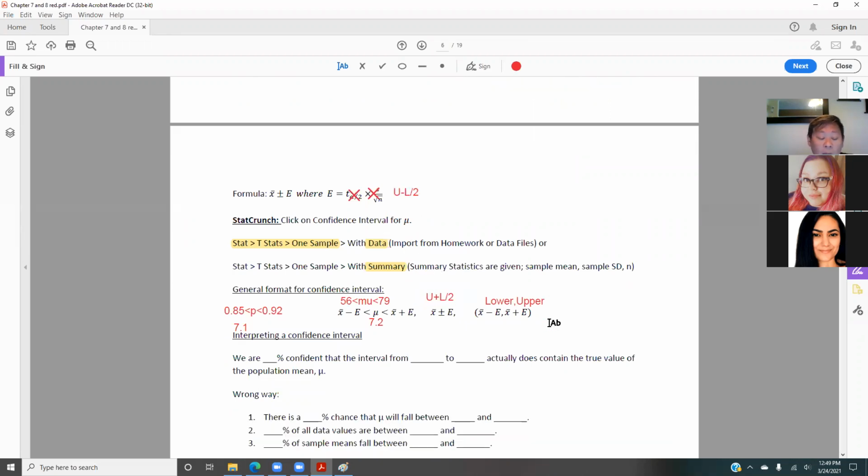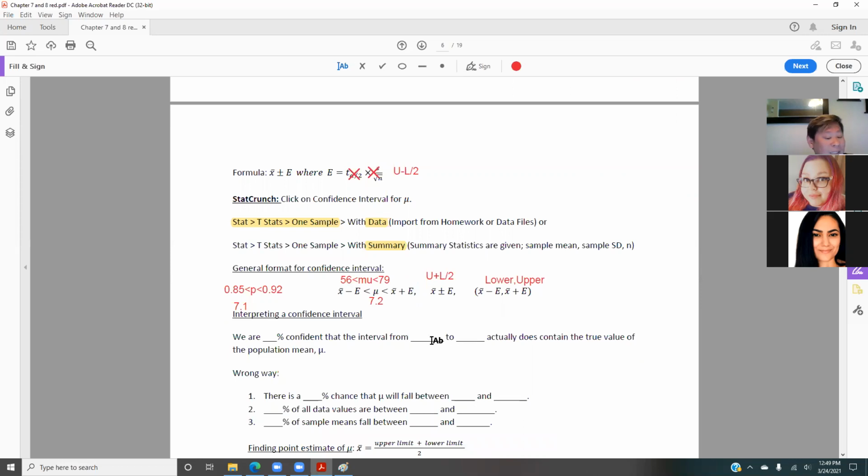Okay. So interpreting a confidence interval, the same thing. We are 95% confident that the interval from 56 to 79. The only difference between this and the proportion is you need to have units.